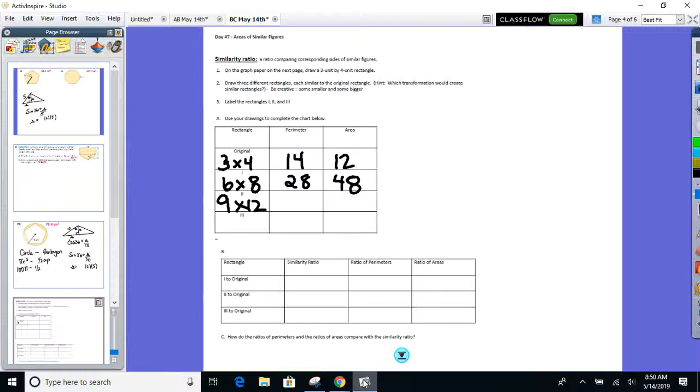Nine by 12, perimeter. When you're ready, Jake, let me know. 9x12 rectangle. And how about the area? 108. We're all good so far.